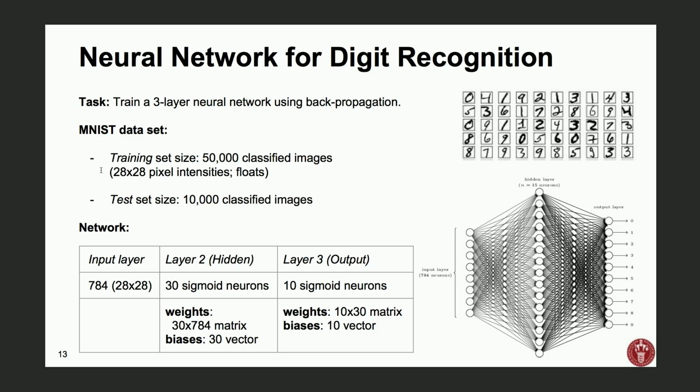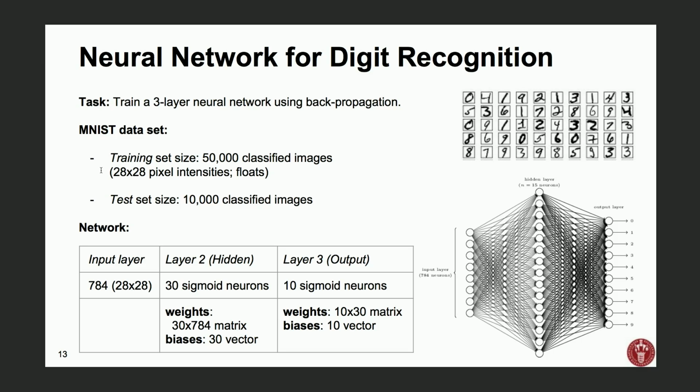The input layer corresponds to all the pixels, where each pixel is a float with the intensity. The hidden layer has 30 sigmoid neurons with weights and biases initialized randomly. And then the output layer has only 10 neurons.